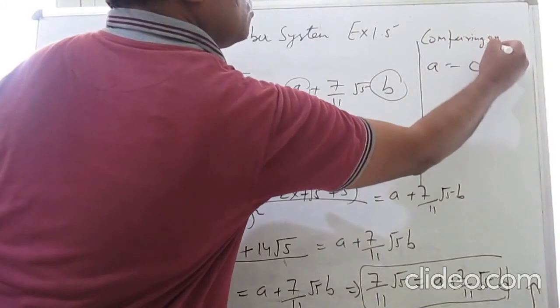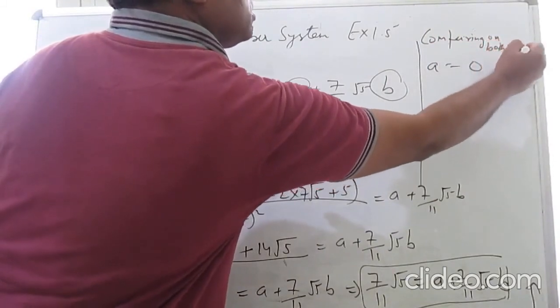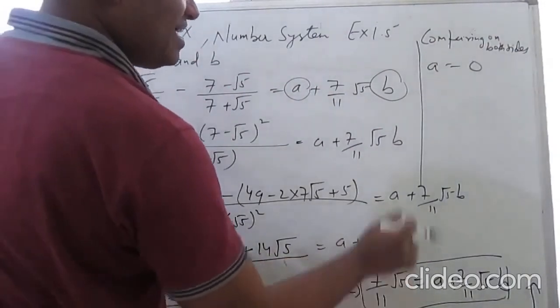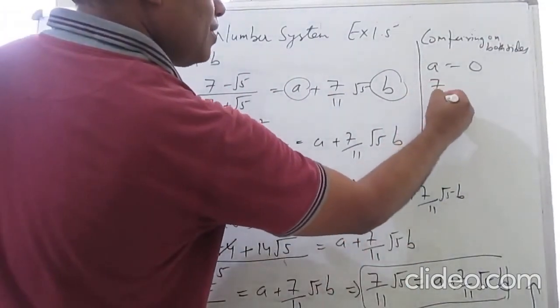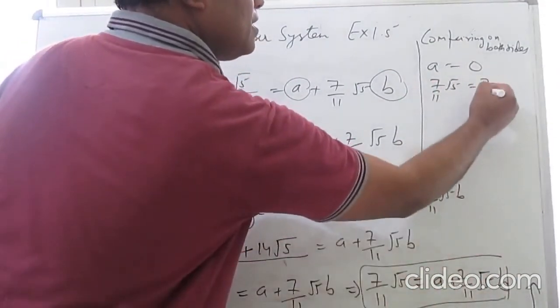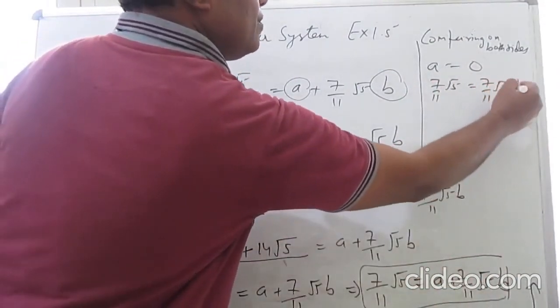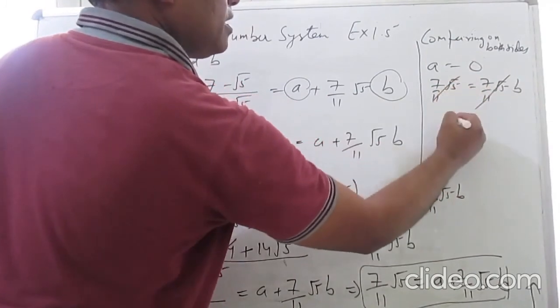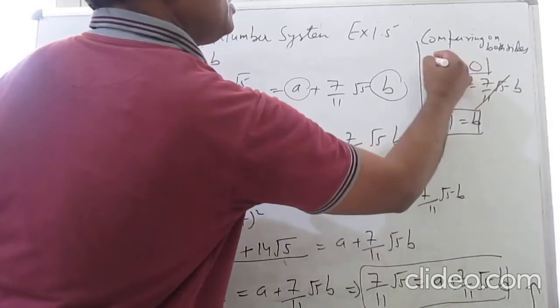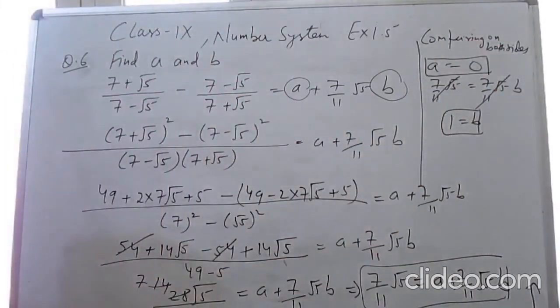Here it is an irrational number: 7 upon 11 root 5 on the left, and 7 upon 11 root 5 b on the right. So this will cut, and b is equal to 1 and a is equal to 0. This is the answer.